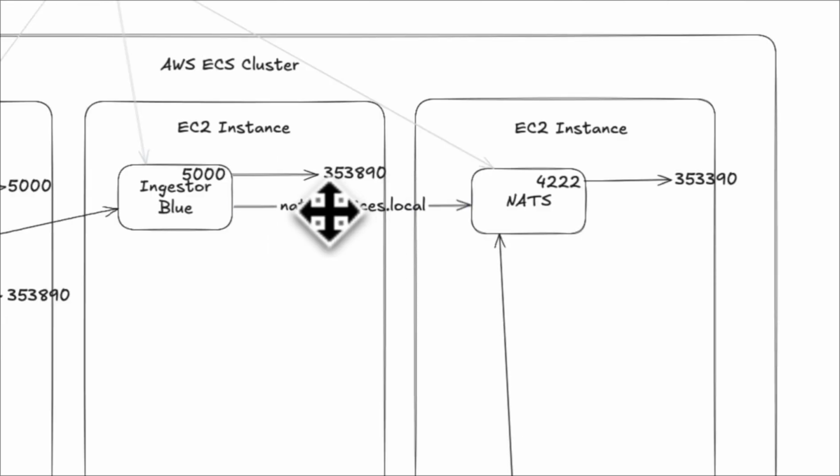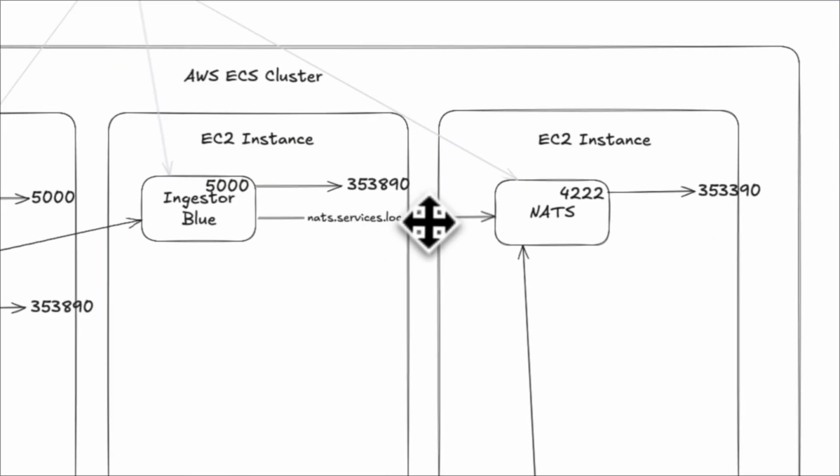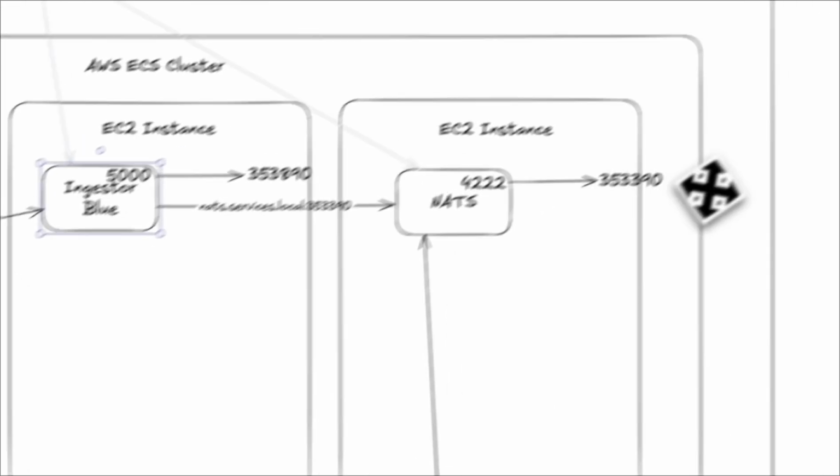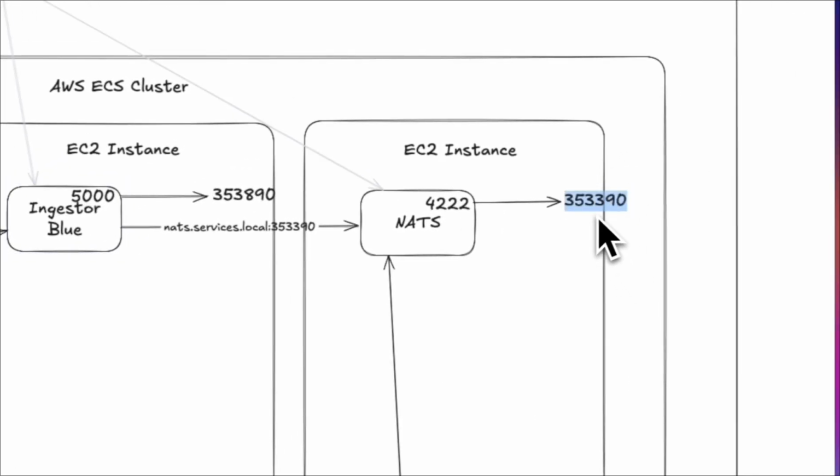But now there is a problem. It also needs to know the port. And if you type 4222, this thing won't work. Why? Because 4222 is an internal container port, but not the host port. It means this URL will not work. The one that will work is this one. But there is a problem. When you configure your deployment, you don't know this port because it is dynamically assigned at runtime.